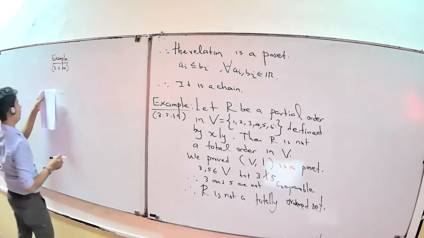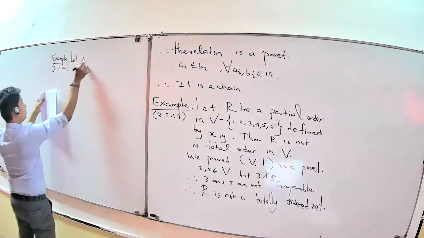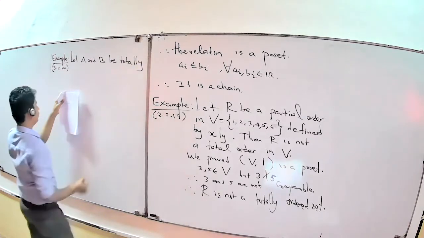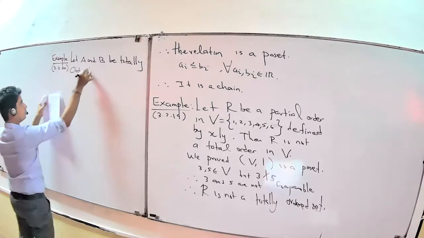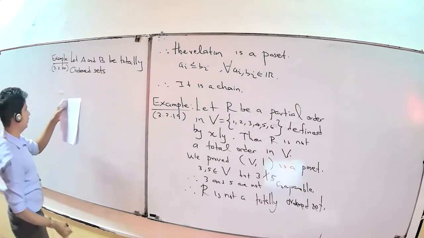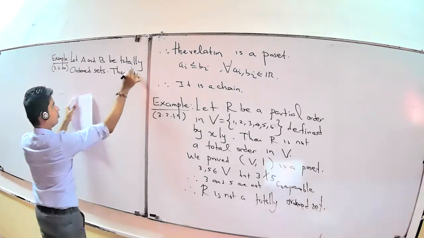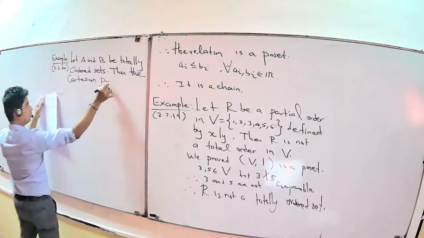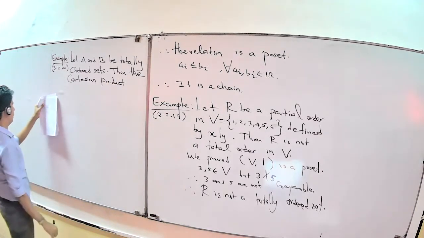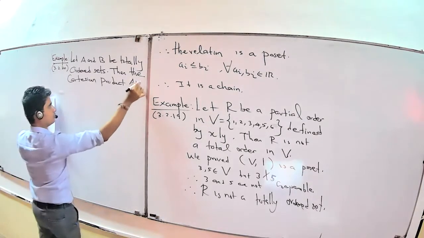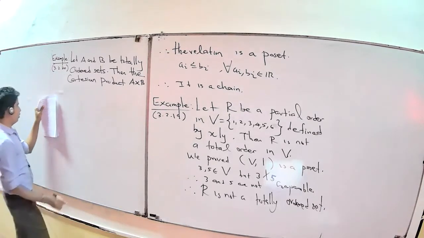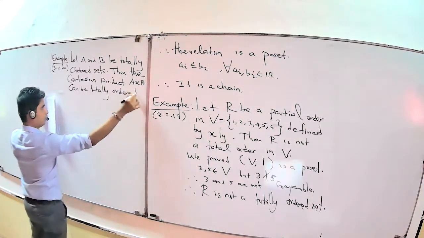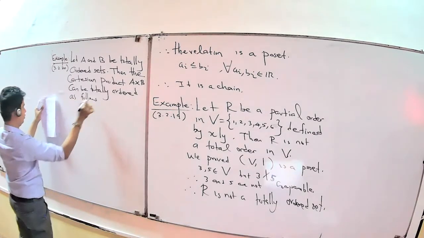Let A and B be totally ordered sets. Then the Cartesian product A cross B can be totally ordered as follows.